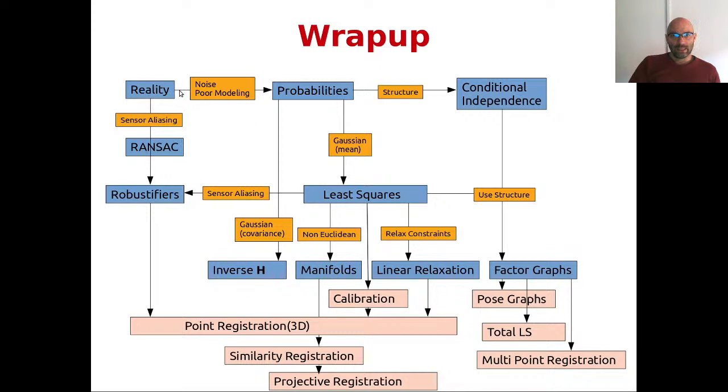However, reality, also in the case of least squares, is subject to sensor aliasing, which means that measurements might look alike. And least squares is a one-shot process in general, so you don't even have the benefit of the Kalman filter for integrating things over time, which would allow you to implement heuristics, and you have to find a way to solve the data association in case it is not known.